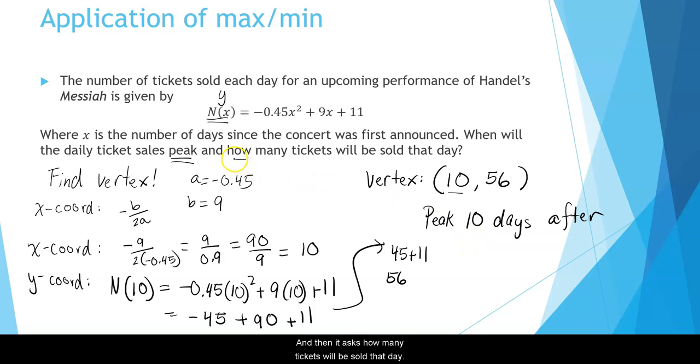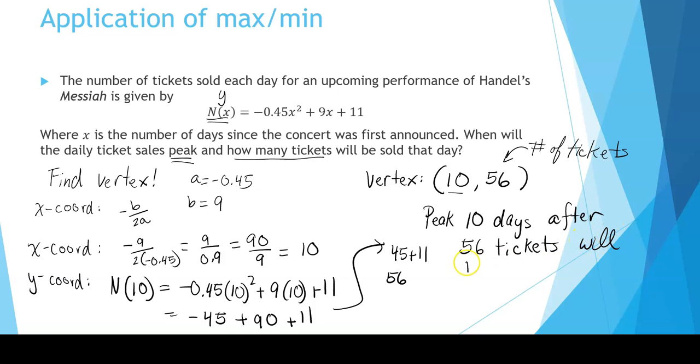And then it asks how many tickets will be sold that day. N of x is the number of tickets sold that day. So our answer is that 56 tickets, there's a tongue twister, will be sold that day.